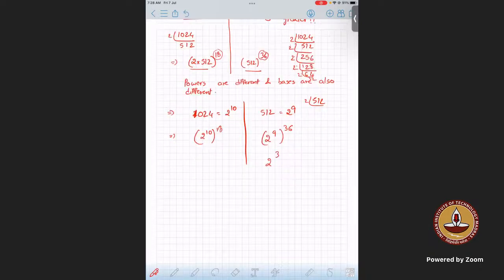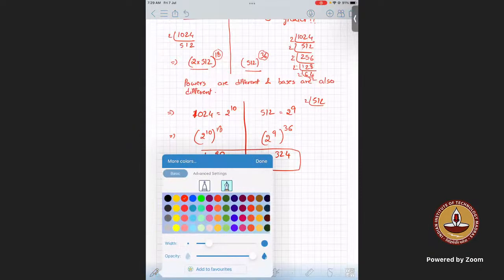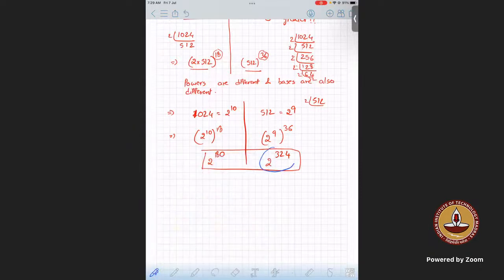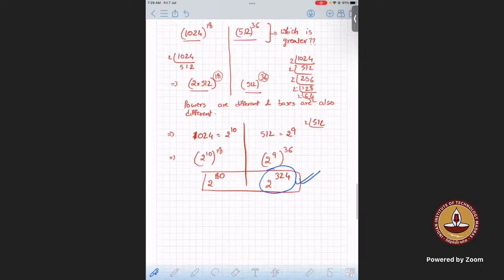Comparing 2 power 180 and 2 power 324, which is the greater value? 2 power 324 is greater. Clear? Yes, sir.